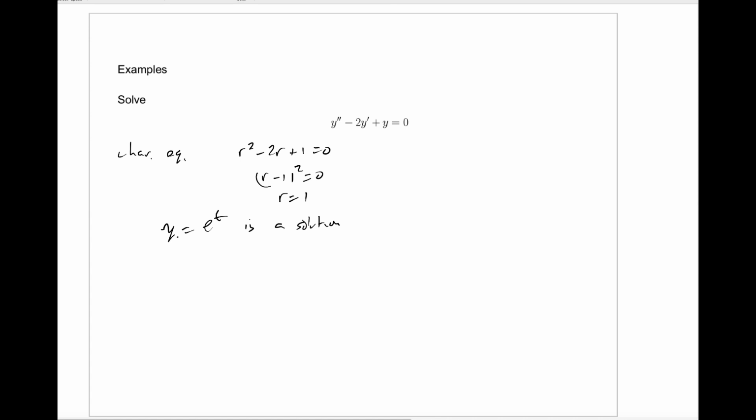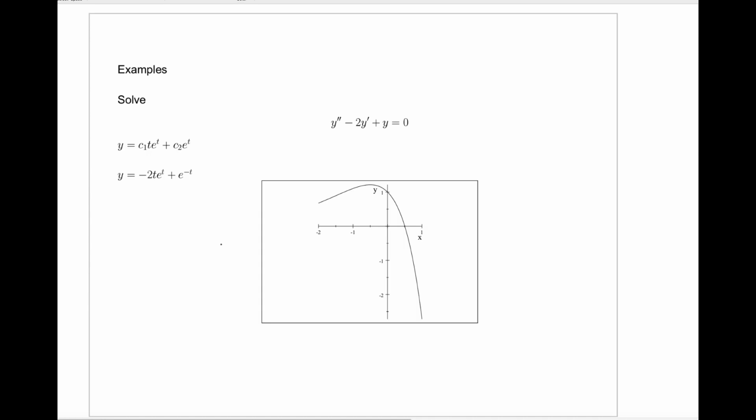And I'll call this one y2, because I called y1 of t, t e to the t. This is also a solution. And just as before, you'll get two solutions that constitute a fundamental set of solutions, so that just as before, the set of all linear combinations of those solutions is in fact the general solution.